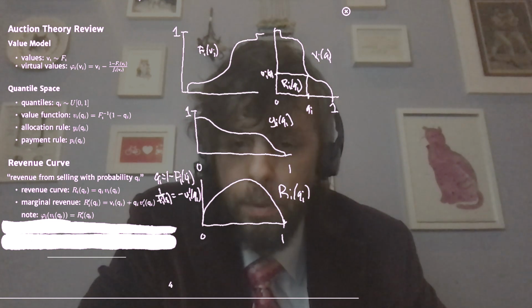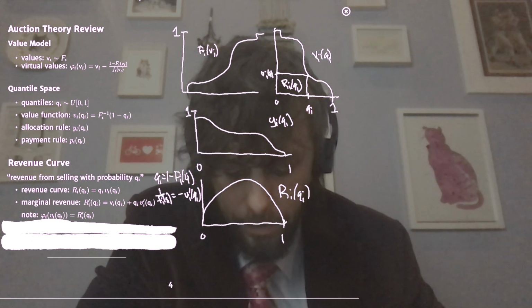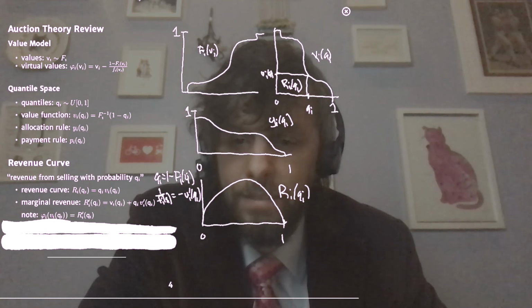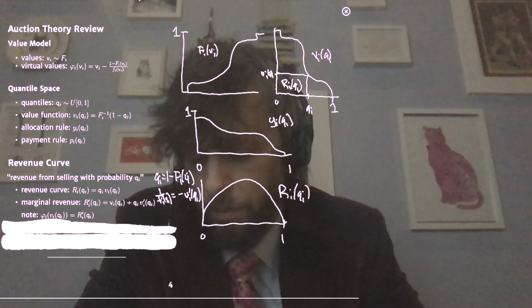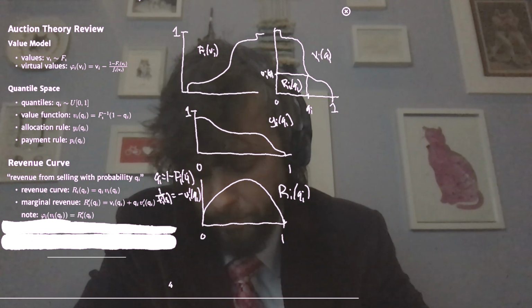Okay, so plugging in those two identities, we see that indeed the marginal revenue is exactly equal to the virtual value via the usual formula.